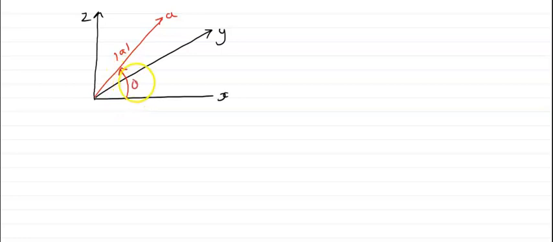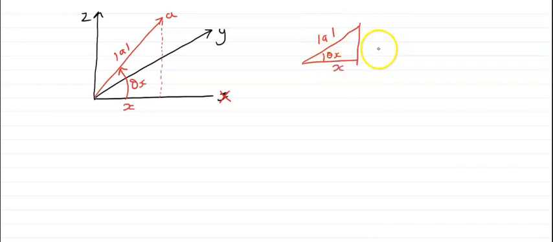If we draw a perpendicular from here, this is the x component along the x-axis. Using SOHCAHTOA, this is our theta x, this is modulus of A, and this is the x component. So cos theta x equals the x component divided by modulus of A.